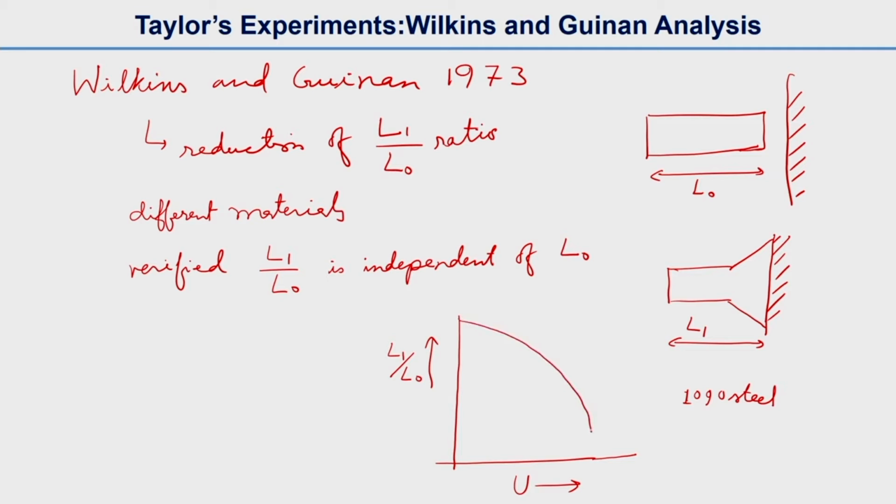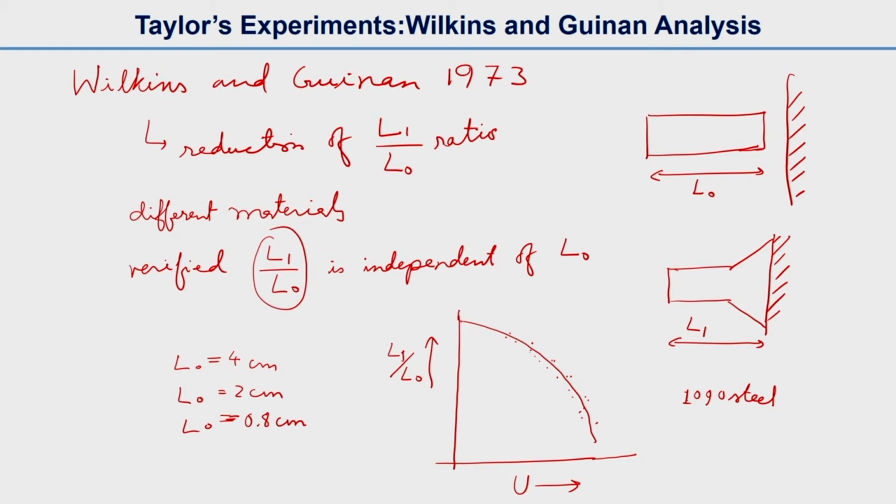They used three different L0 values: 4 centimeter, 2 centimeter, and something below 1 centimeter, say 0.8 centimeter. They got points for all three samples, which means the L1 by L0 ratio is independent of L0.